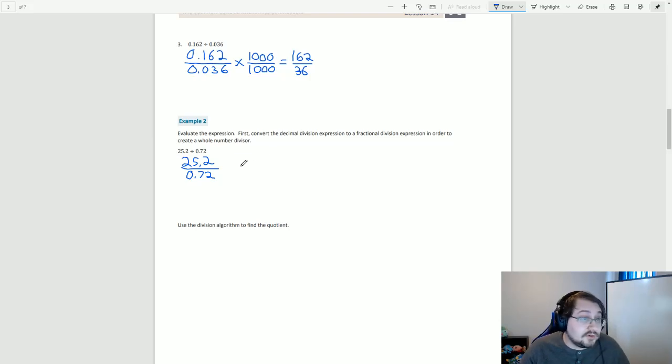What I'm going to have to do is move my decimal point one place, two places. So as we discussed, moving it two places is going to be multiplying it by 100. And if I multiply my denominator by 100, I need to multiply my numerator by 100 as well.